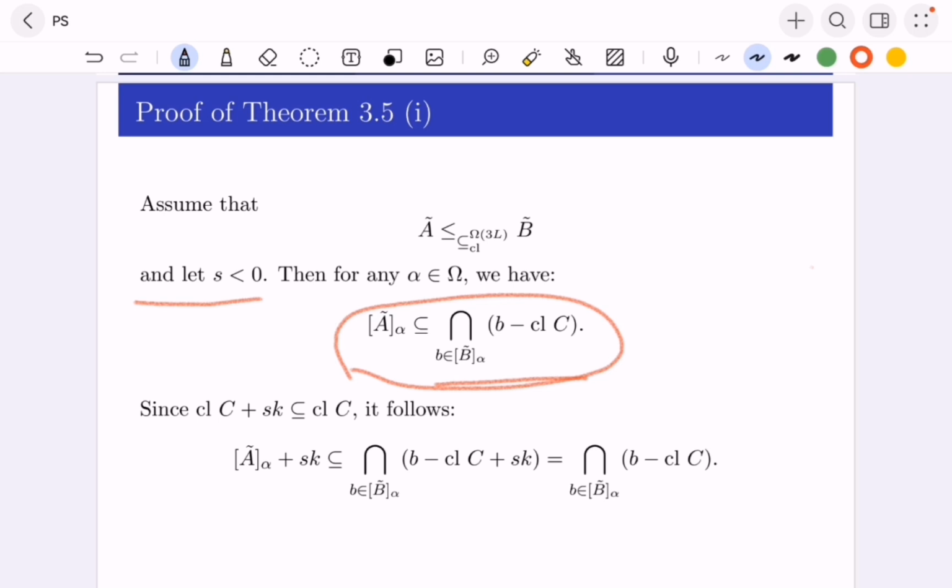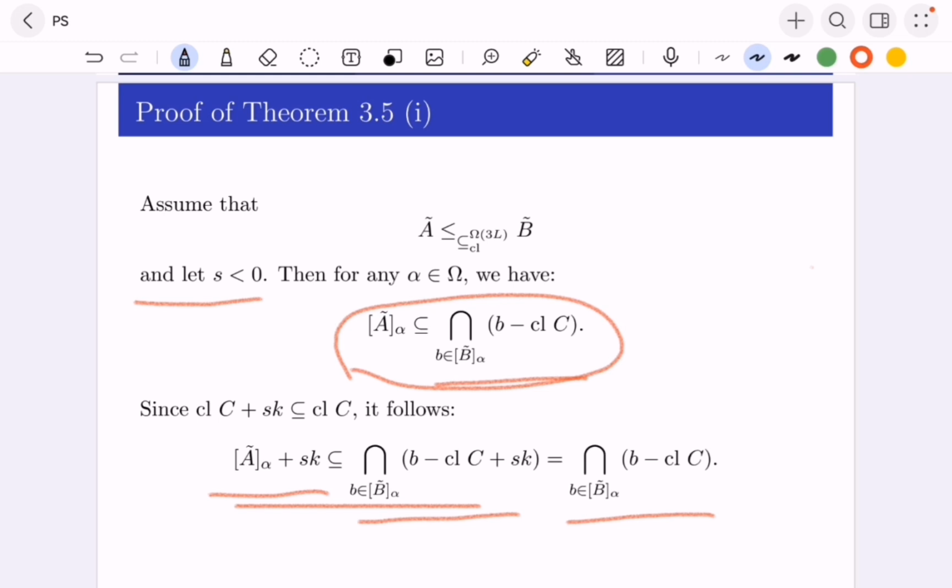So next, since the closure of C plus SK is a subset of the closure of C, it follows that this one is a subset of this one, where it's equal to this one.